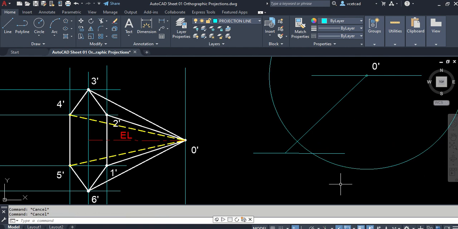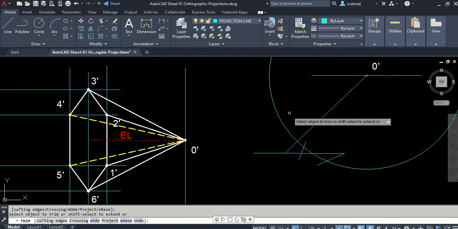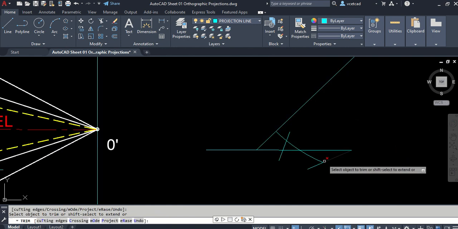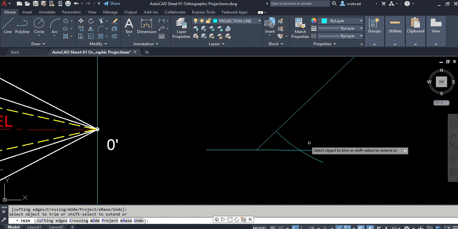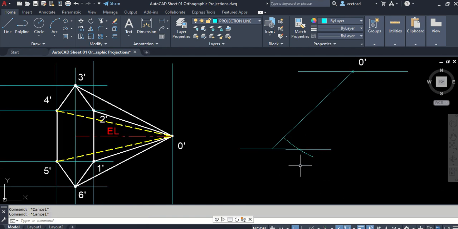Here also I'll take an arc. So this is the arc.